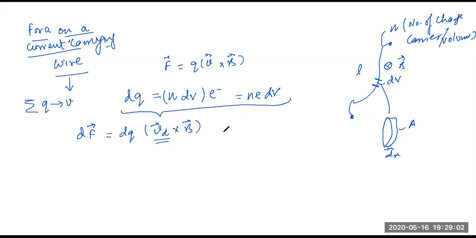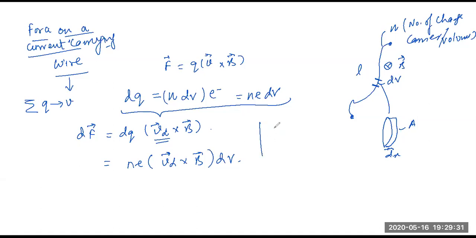Because we are talking about current, so charges are moving with this average velocity. If you expand this, you'll get n e v_d into B, and then you have dV. Correct? Yes or no?